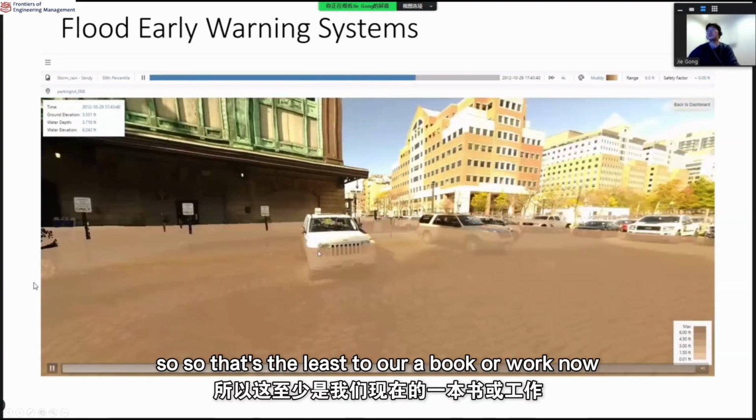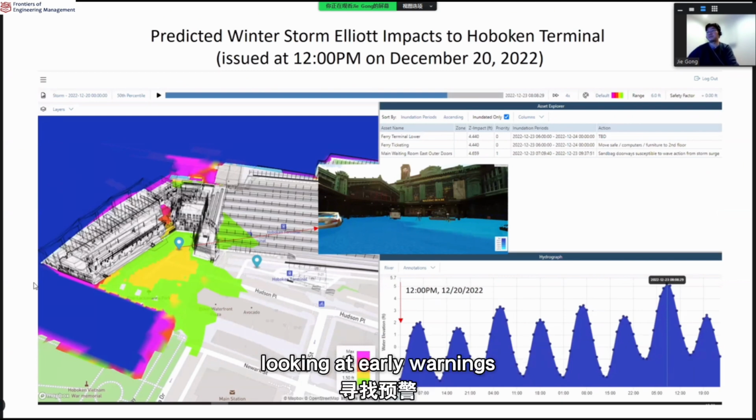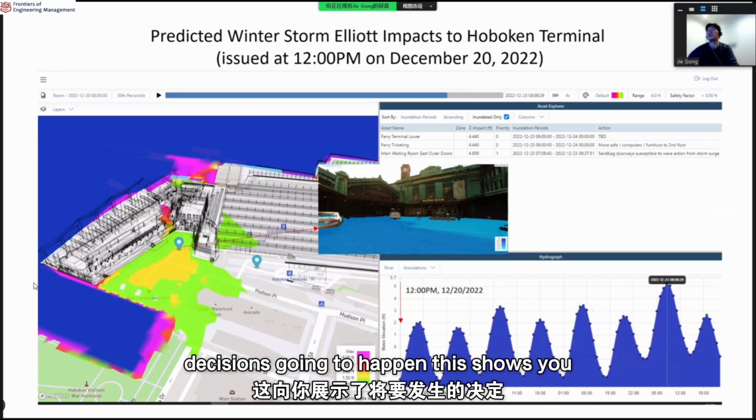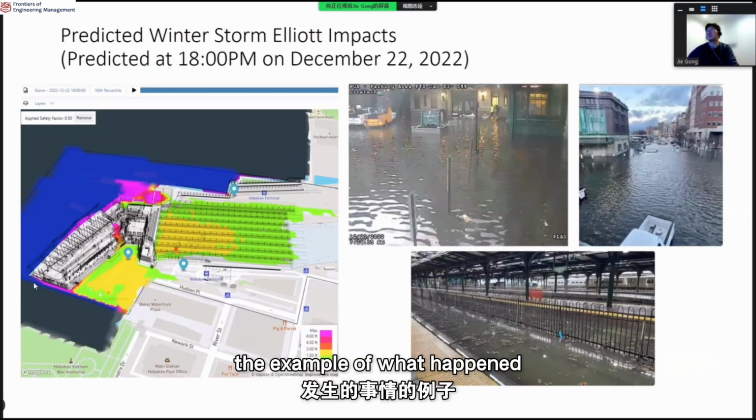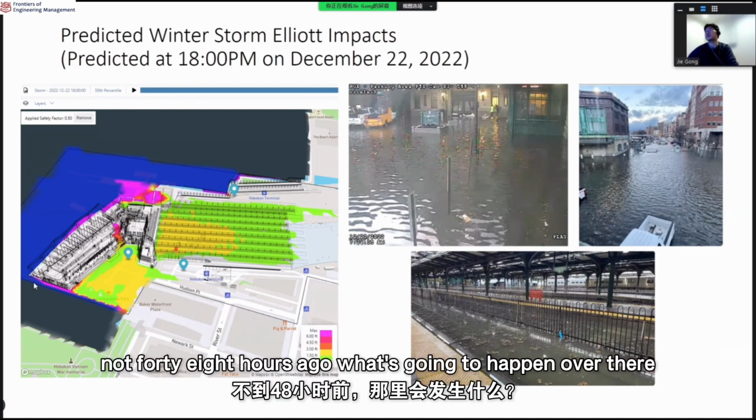So a bulk of our work now is using digital twins, looking at early warnings and the decisions that are going to happen. This shows an example of what was forecast about 96 hours, not 48 hours, ago.